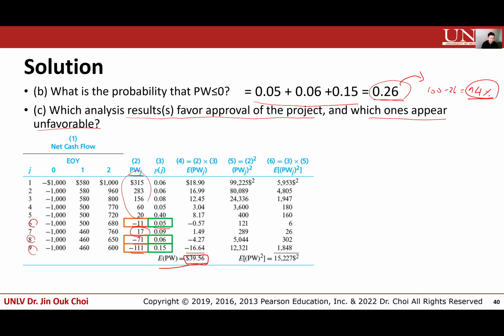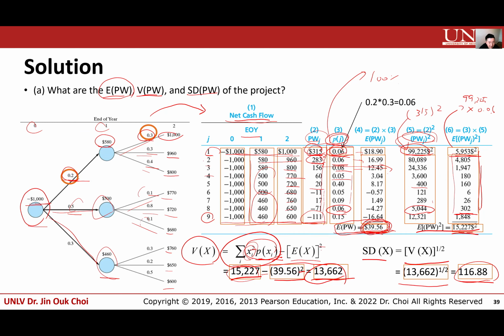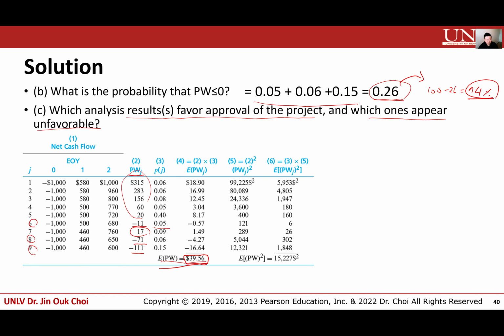And then the standard deviation, which we calculated, is approximately 3 times the expected present worth. If we go back, which was almost 116, so we can expect that the risk of this project is extremely high considering the expected value.